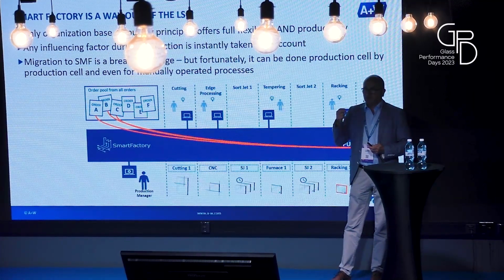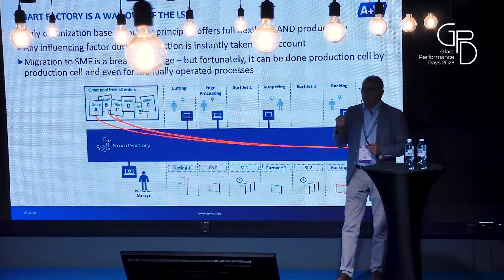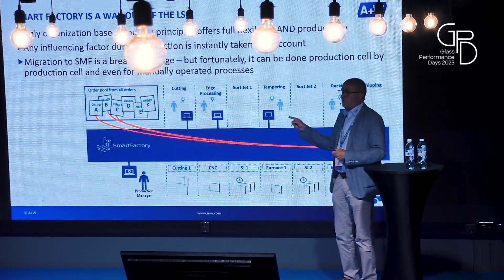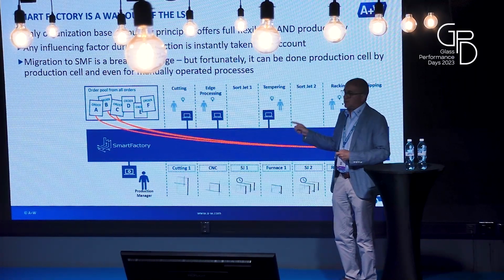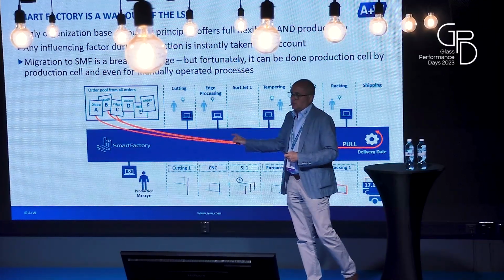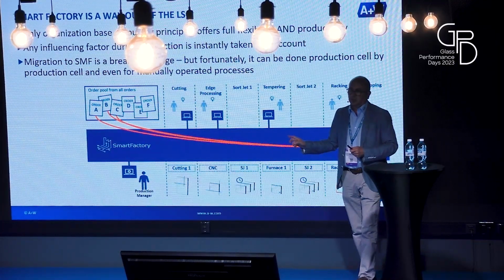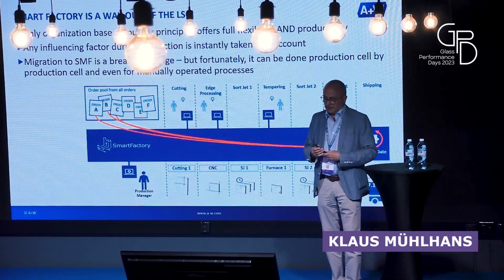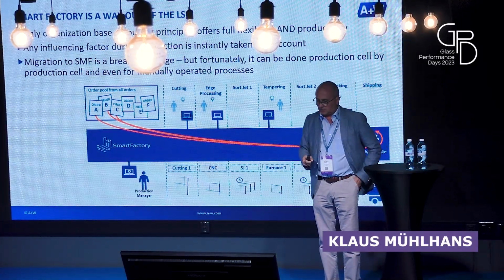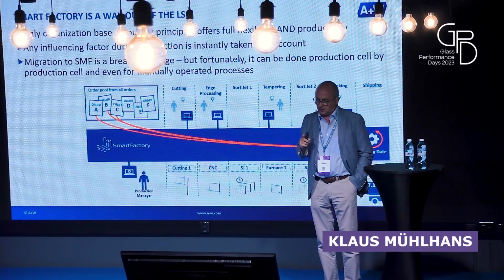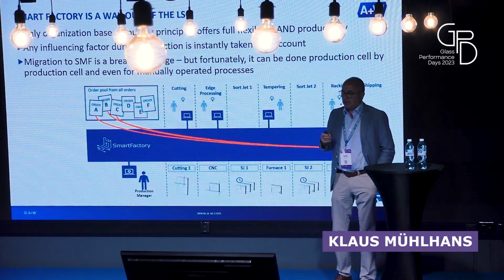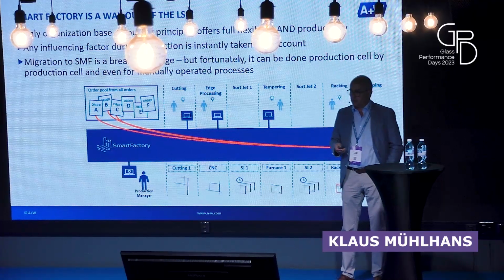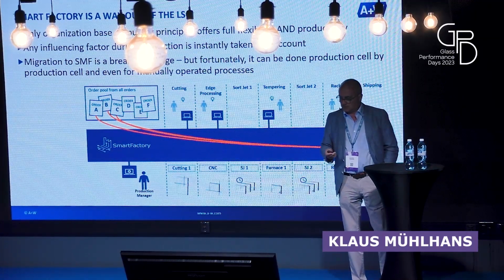So to get a pulling principle to run, you need software agents that communicate the individuality of every single piece through the chain with each other. Otherwise, it's not possible. That's why this can only be achieved with a new generation of software. Then any influencing factor during production can be instantly taken into account, and this breaking change can appear in the factory.